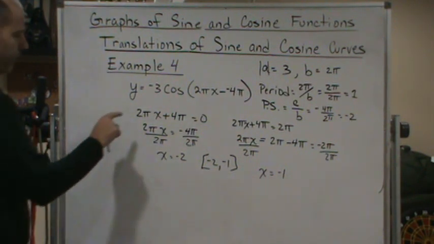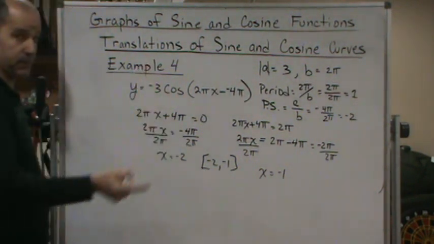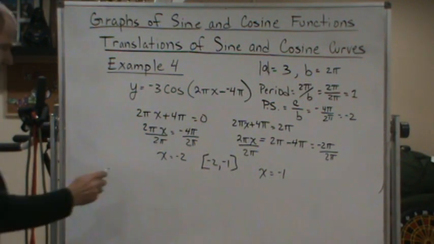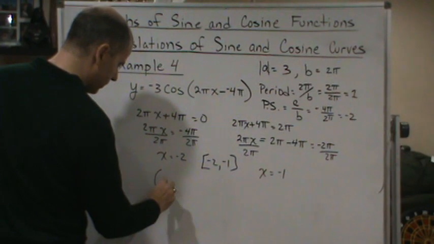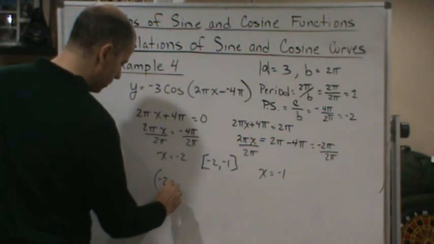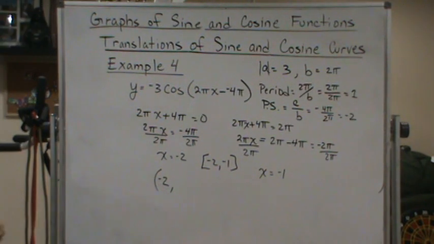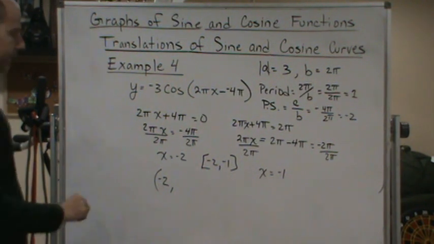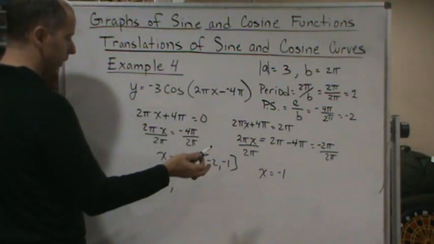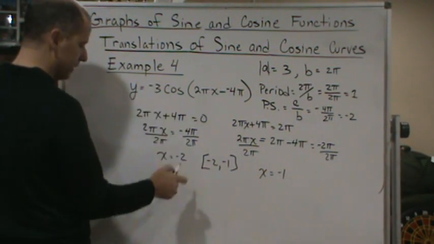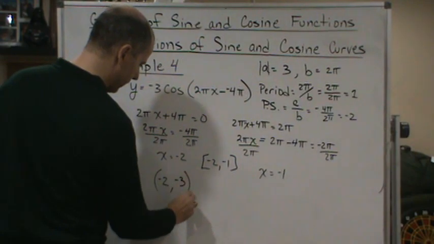And remember, this negative sign in here flips it, so it's a reflection. So that means the first point is going to be a what? Well, it would be 1. And if there wasn't a negative sign, it would be 3, but the negative sign makes it negative 3. So it's going to be negative 3.